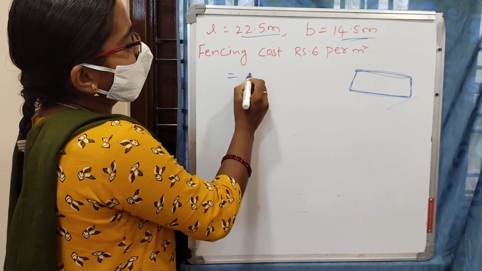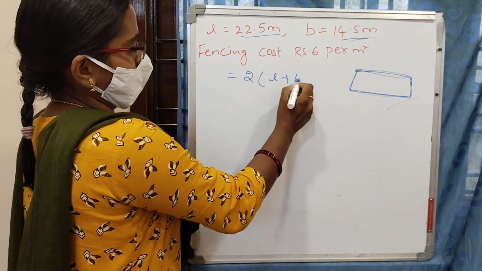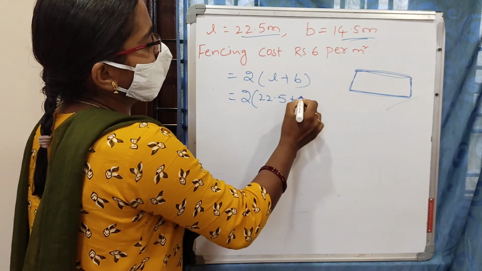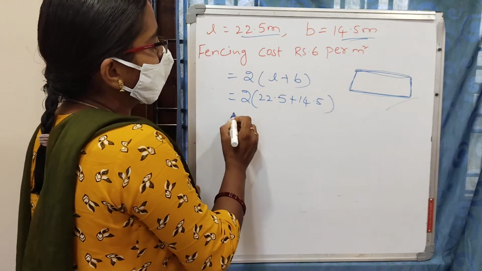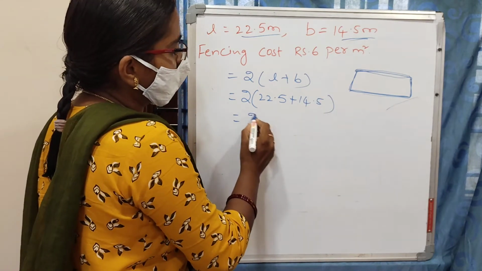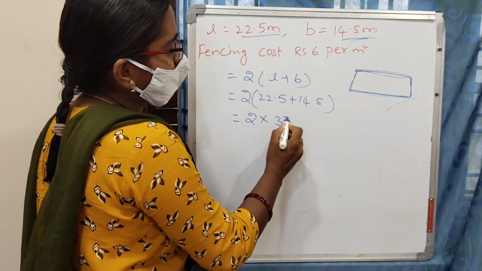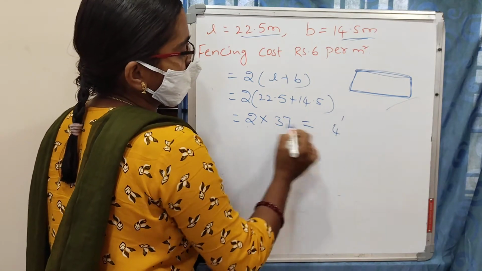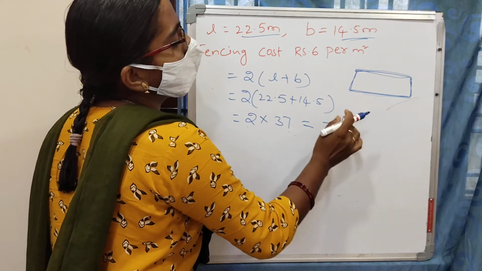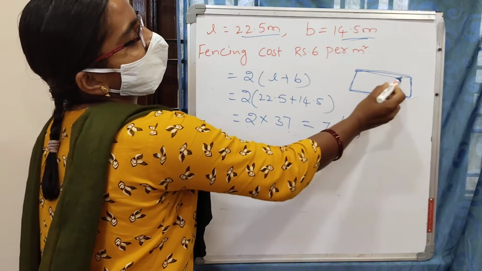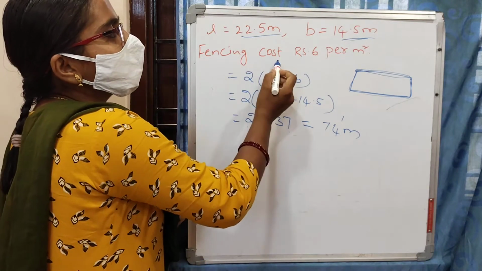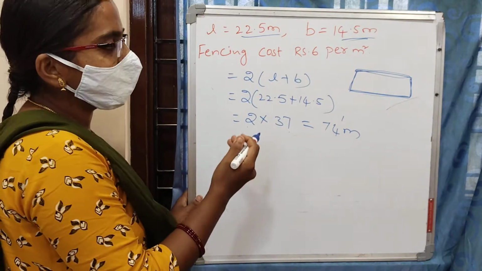The perimeter of a rectangle is 2 into (L plus B). 2 into (22.5 plus 14.5). 22.5 plus 14.5 is 37. 2 into 37: 2 sevens are 14, 2 threes are 6, plus 1 is 7. So 74 meters. The perimeter of this rectangle is 74 meters. Then how much is the cost for fencing? It is 6 rupees per meter.